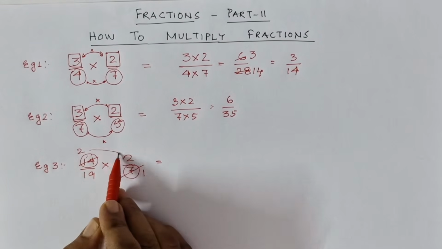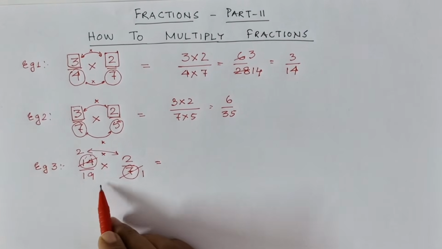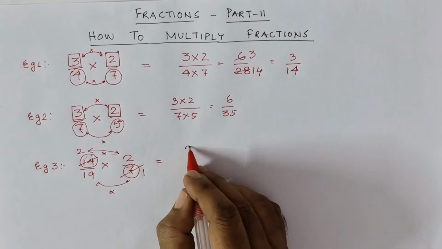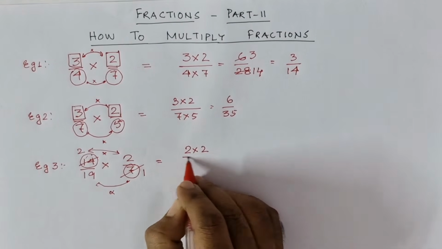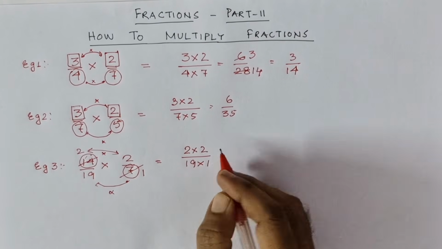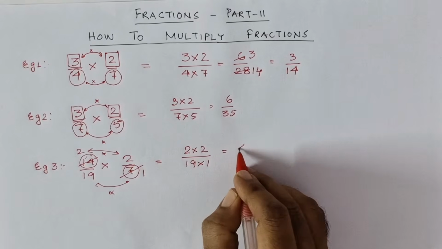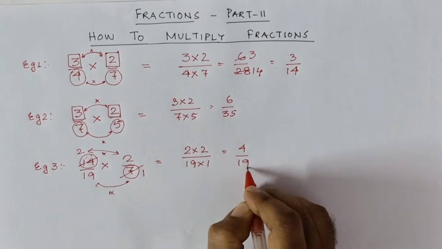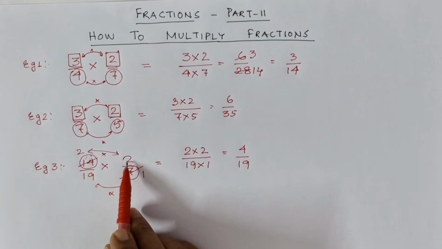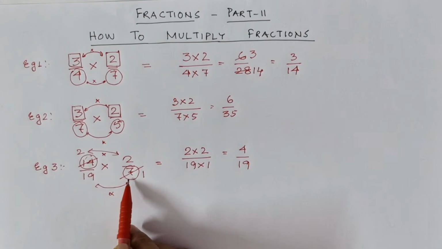So multiply 2 and 2, and here 19 and 1. So 2 multiplied by 2 and 19 multiplied by 1, that is 4 by 19. Got it? Or you could have done what? 14 multiplied by 2 is 28 and 19 into 7.